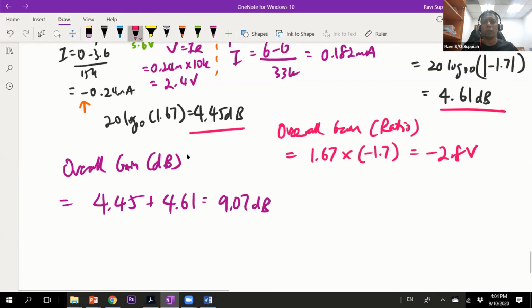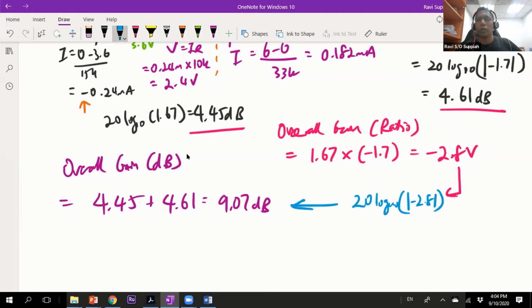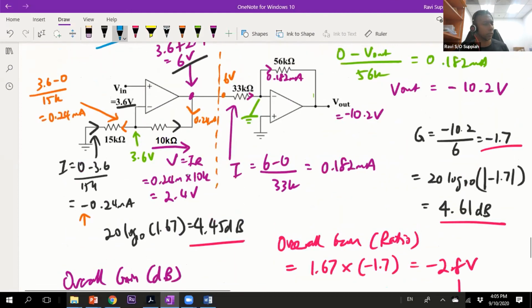If you were to do 20 log of the absolute value of negative 2.84, you will still get the same answer here. So you just have to remember that in an overall gain calculation, the ratio is multiplied, but for the gain in decibels you add.